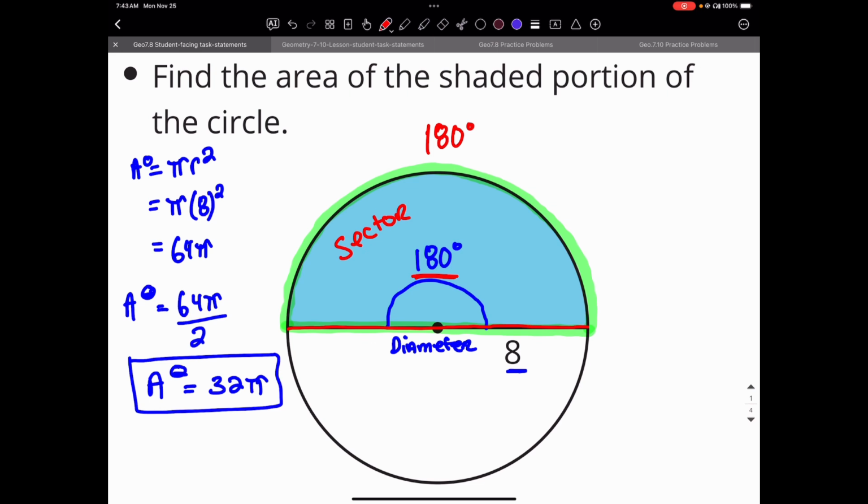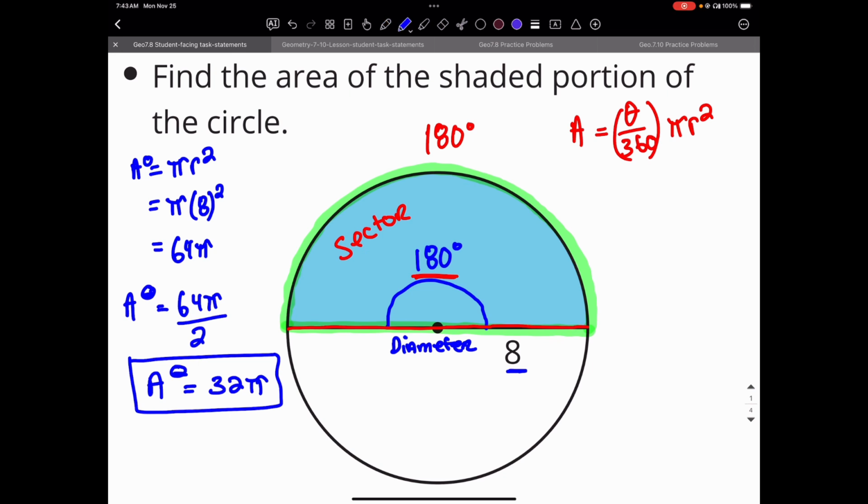There's a formula or a way to find the area of a sector, right? So the area of a sector is going to equal any given angle theta over 360 times pi radius squared. So think about that. This angle, we call this angle theta, right?